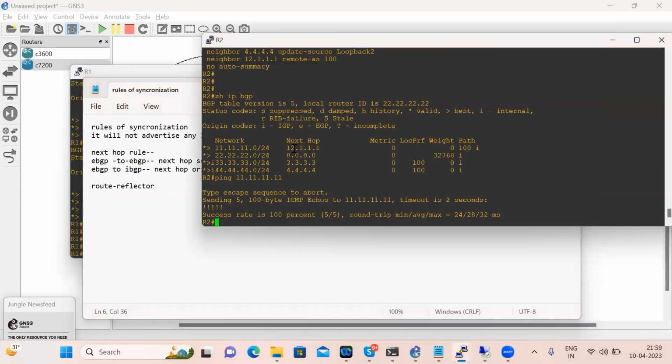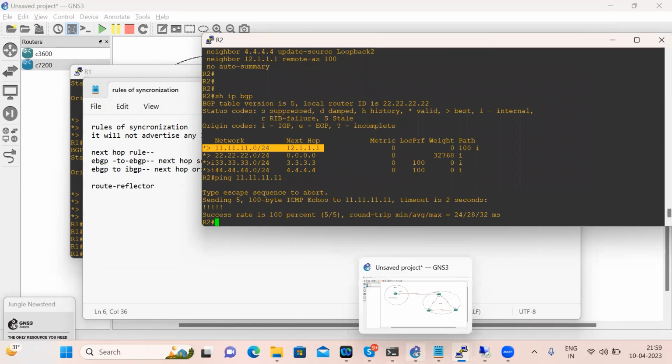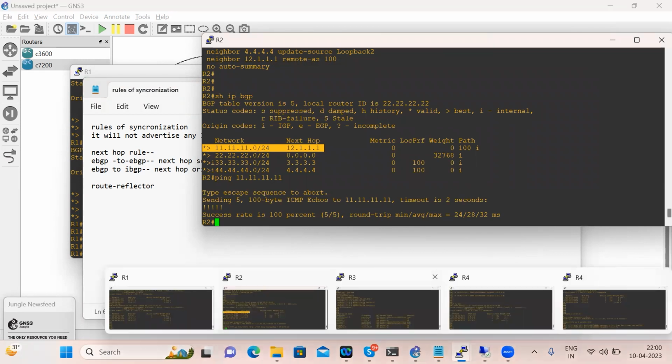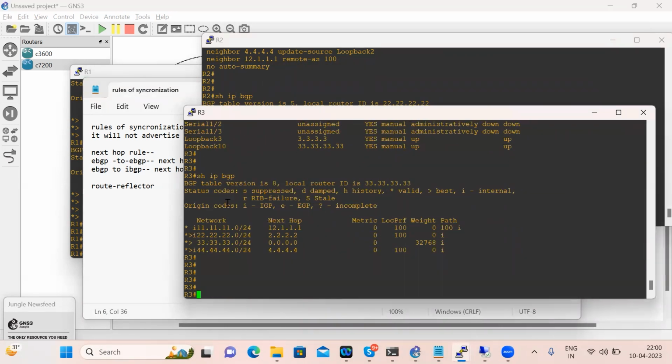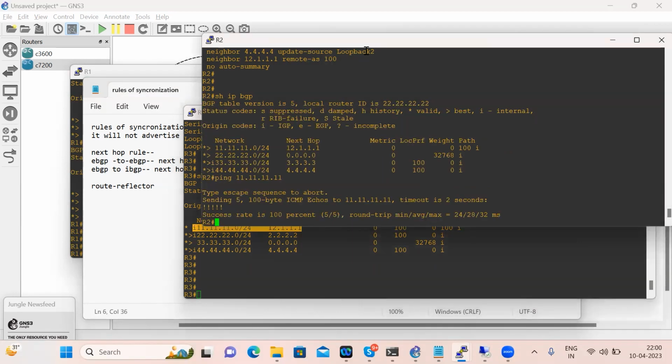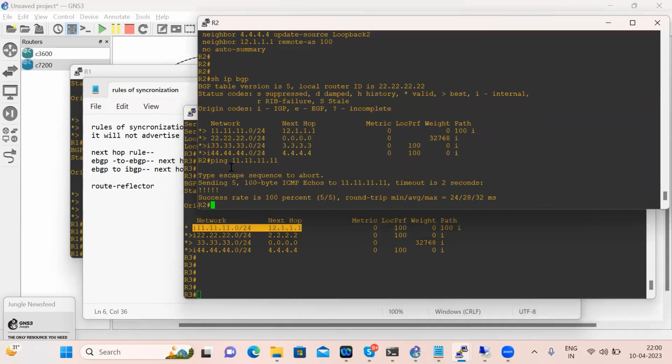If you see router 2, the information is something like this. The similar information you will get on router 3 as well. Go on router 3 and check. Show IP BGP. What information are you getting? Same information you are getting on router 2.